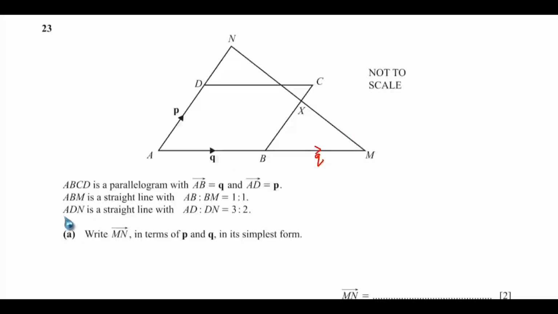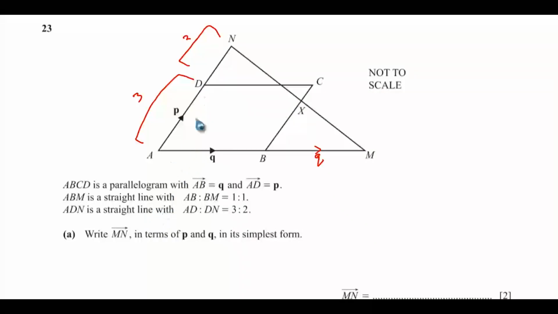Then ADN is a straight line, such that AD ratio DN is 2 to 3. So we can say this one is 3 to 2 rather. AD ratio DN is 3 to 2. So that means we have 3 there and we have 2 here.